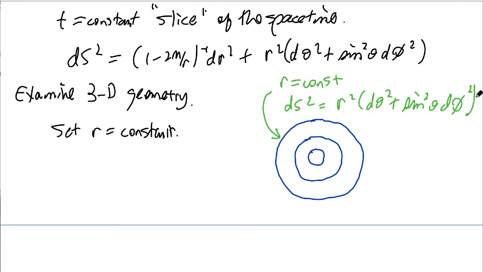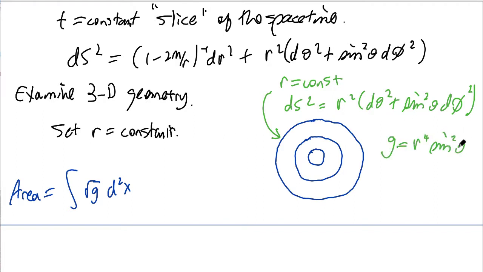And now let's compute the area of one of these spheres. So the area is the integral of square root of the metric determinant times d2x, and the metric, notice, is diagonal with entries r squared and r squared sine squared theta. So the determinant of the metric is r to the fourth sine squared theta. The square root of that is just r squared sine theta.